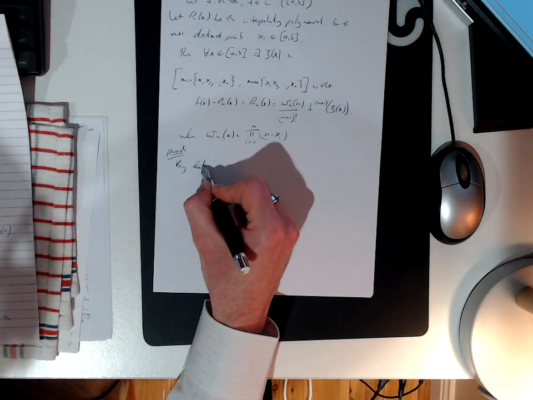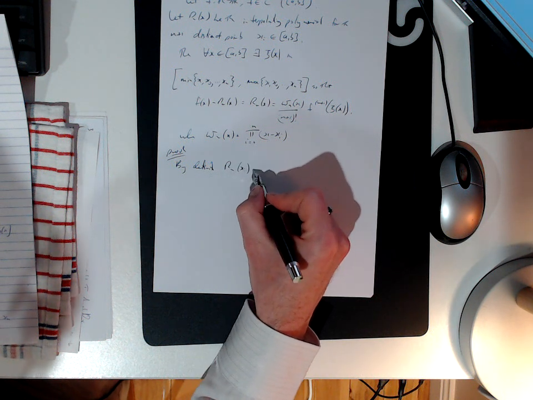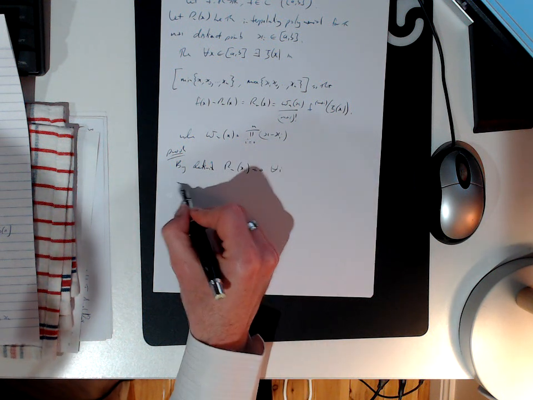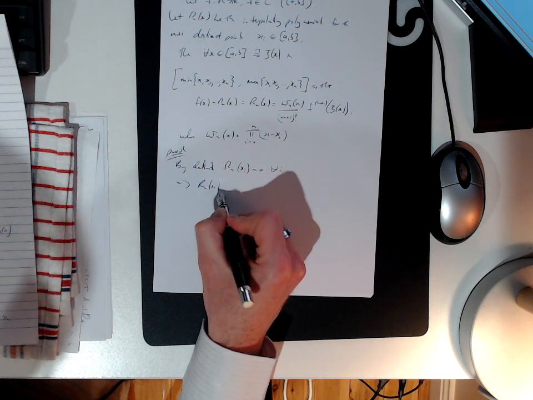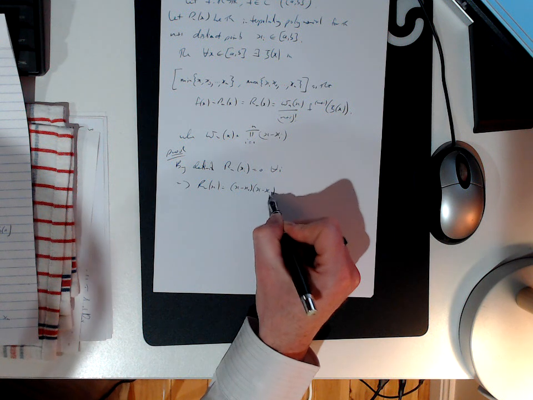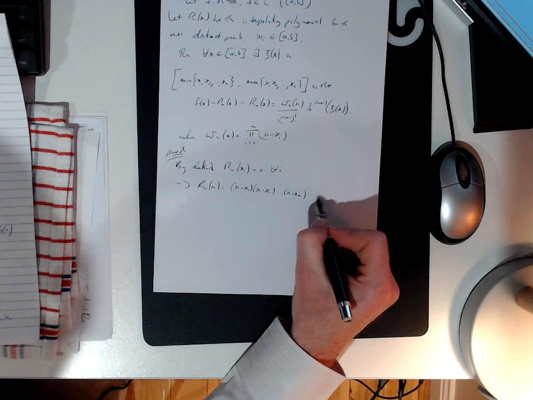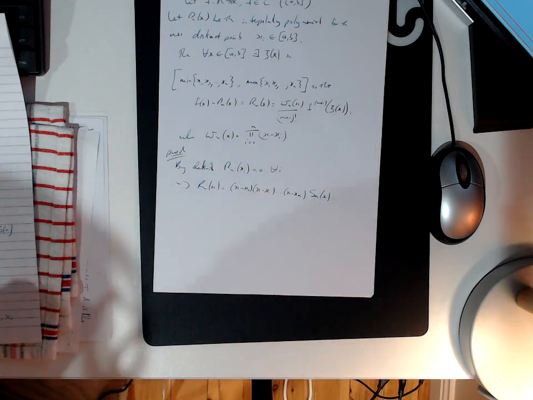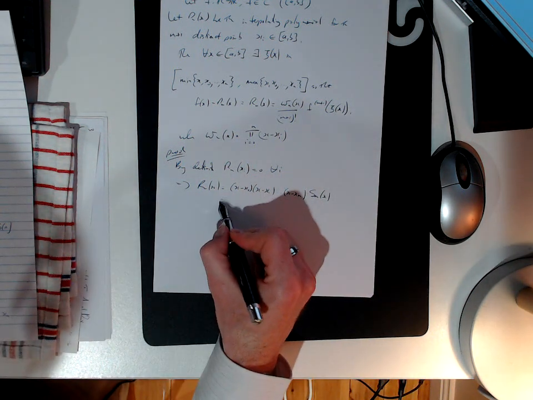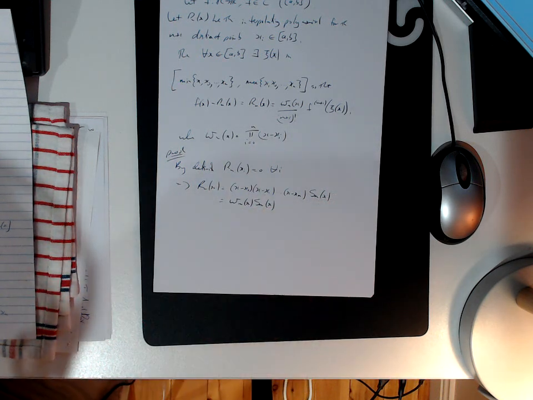So by definition, Rn xi is equal to 0 for all i. And that implies that Rnx is going to be equal to x minus x0, x minus x1, all the way up to x minus xn times some other function. We can write this as wnx snx.